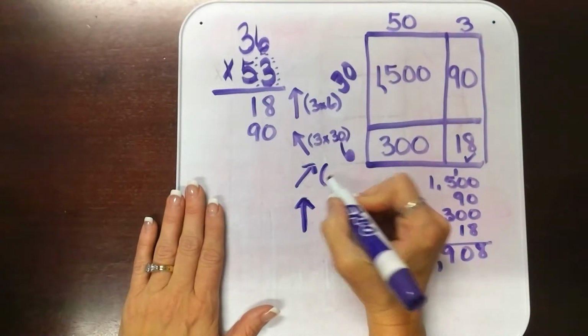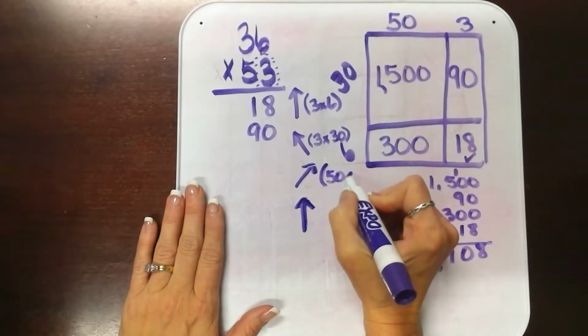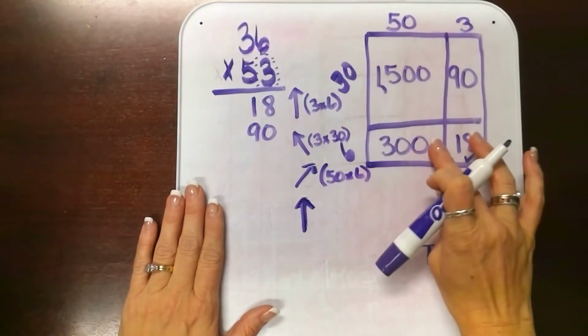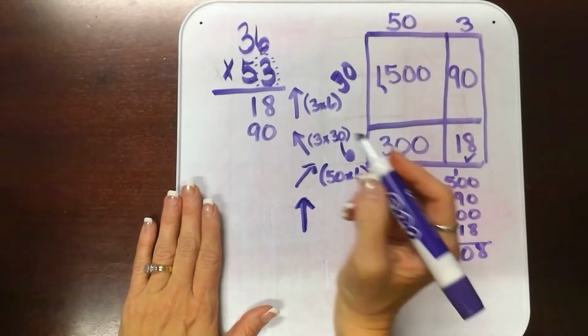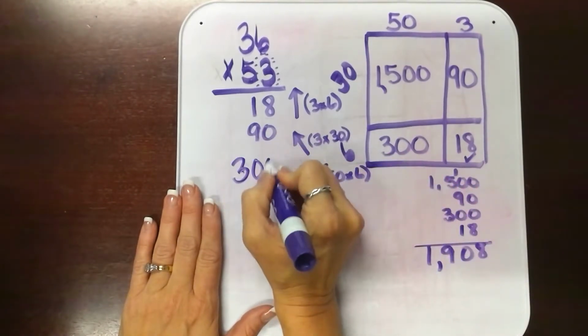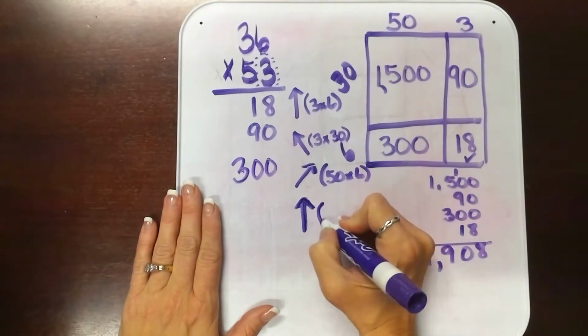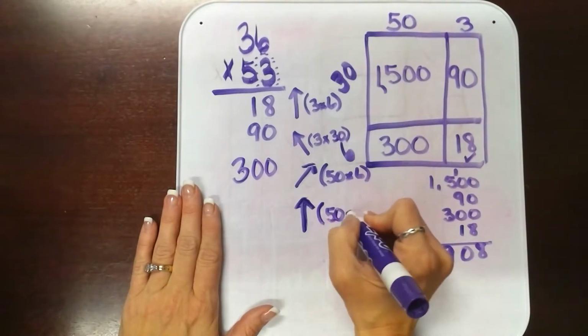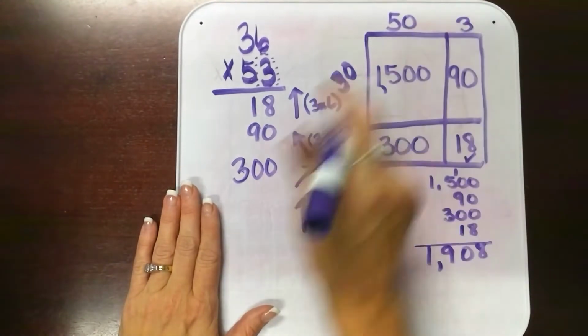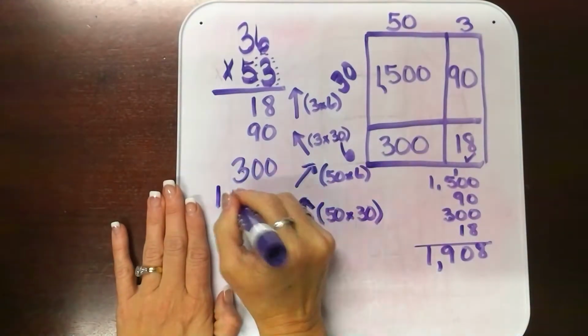So if I go over, I'm multiplying 50 times 6, and I can relate that, 50 times 6, and that is 300. And then I'm going to go up, 50 times 30, which is what we did here, and that's 1,500.